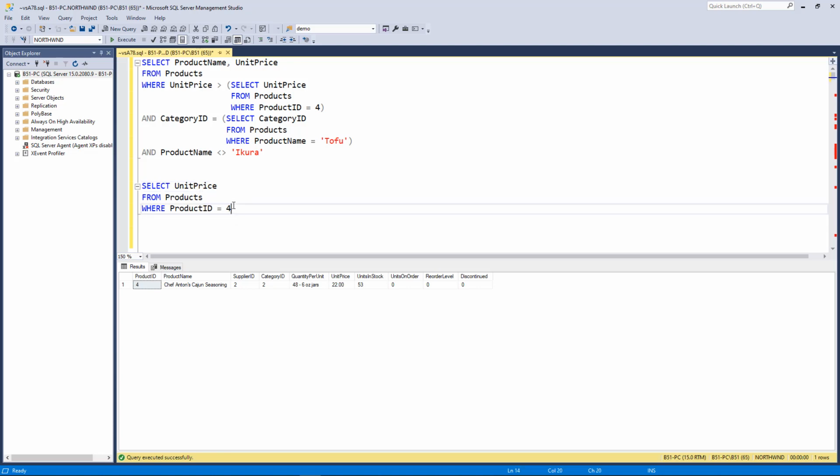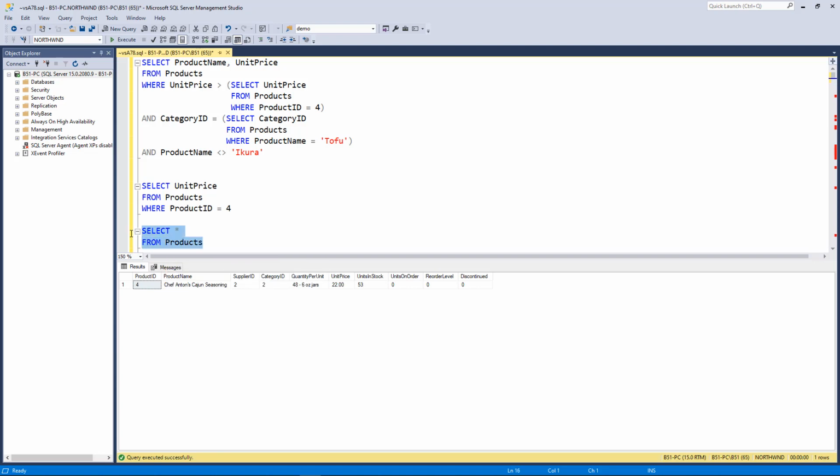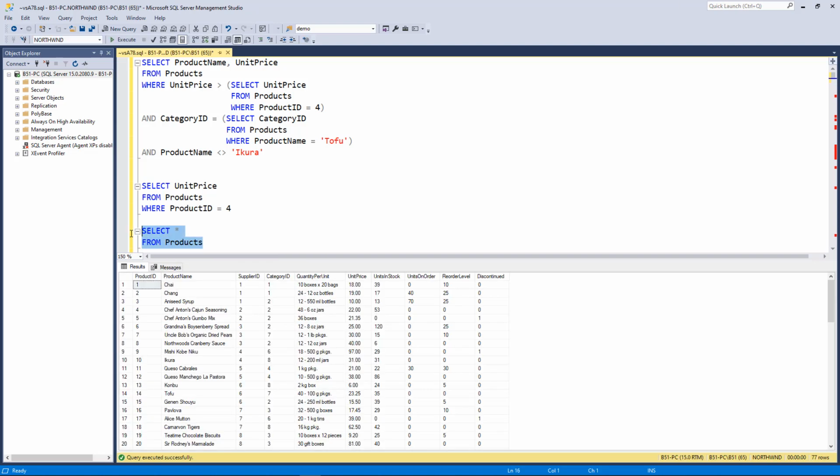The next filter, we want the category ID to be as the category ID of tofu. Select asterisk from the products. Here we want the product name tofu, this is the product name, we want the category of this product name. So the category is 7.